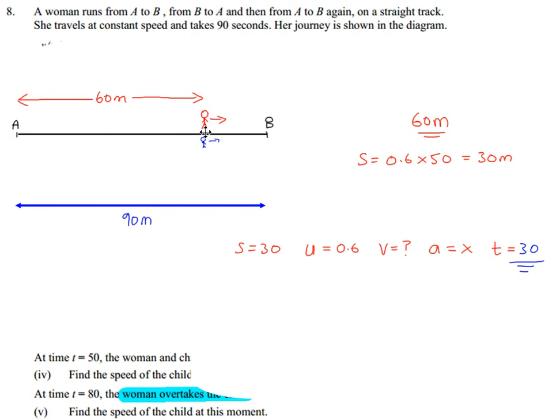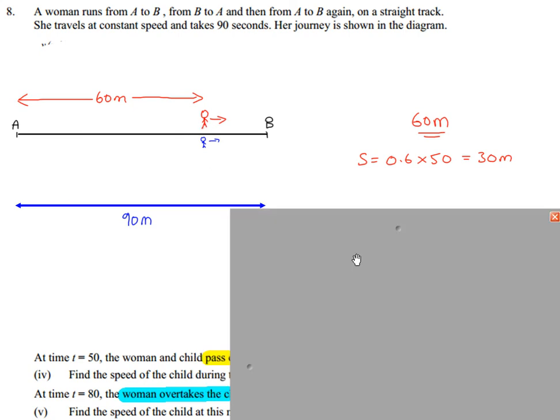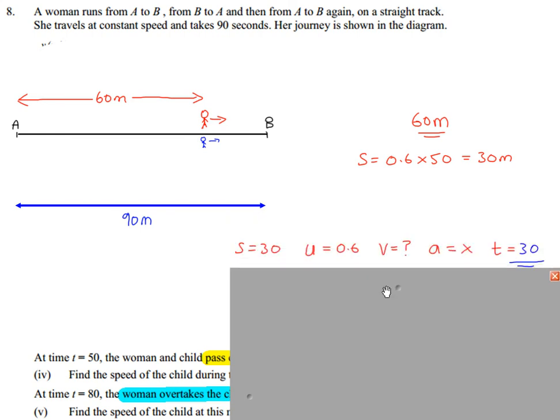However, in the first 50 seconds the child covers 30 meters, but to get to 60 meters a further 30 meters remains. Okay, so if we look at the motion during which the child is accelerating, the child still has 30 meters to cover. That was the initial speed.